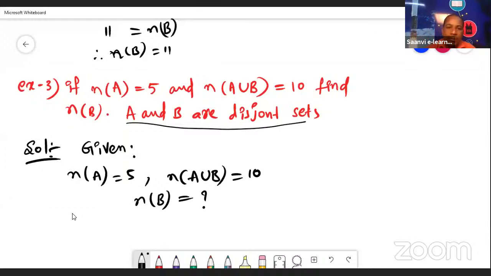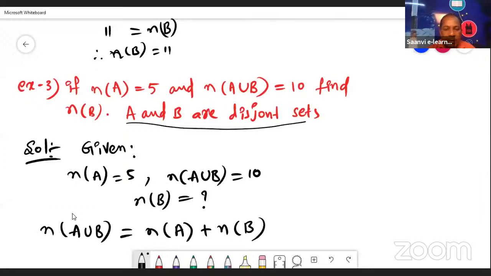But here there is no problem, he clearly mentioned A and B are disjoint sets. So when A and B are disjoint sets, what is the formula? n of A union B is equal to n of A plus n of B. This is the formula.